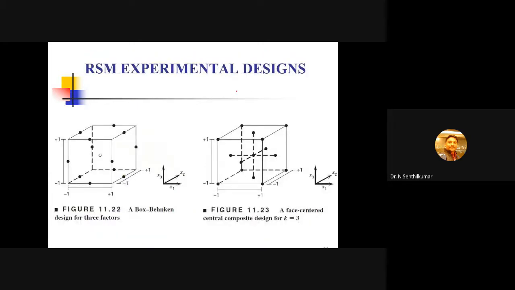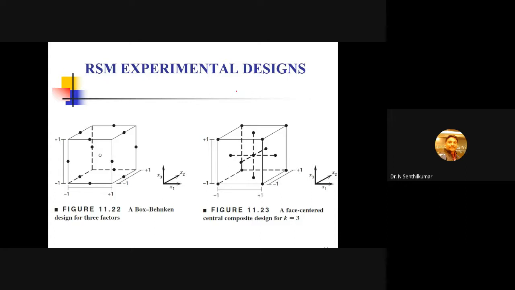So RSM experimental designs. There are two designs. Generally, we will be using these two designs. The first one is the BBD design. We call it BBD, Box-Behnken design. In RSM and all, we will be providing only the lower value and higher value. As provided in Taguchi, we don't have the level values.